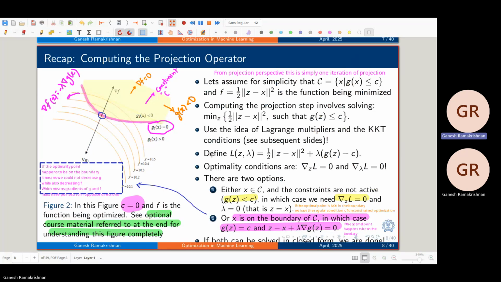And we again got the intuition with this very simple example where you have a single constraint from a single function. So let's say the constraint is g of z less than or equal to c. Just like we draw the level curves so far, we have drawn level curves of our objective function. Imagine your objective function is f tilde, so that you don't get confused with the f on the slide.